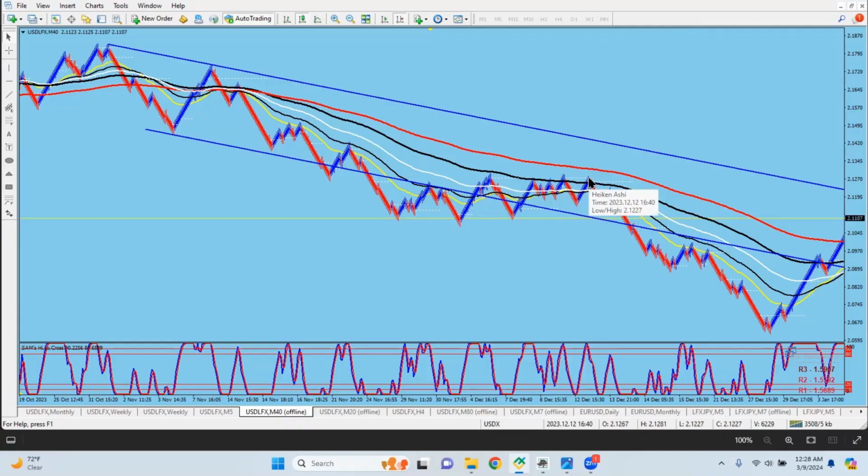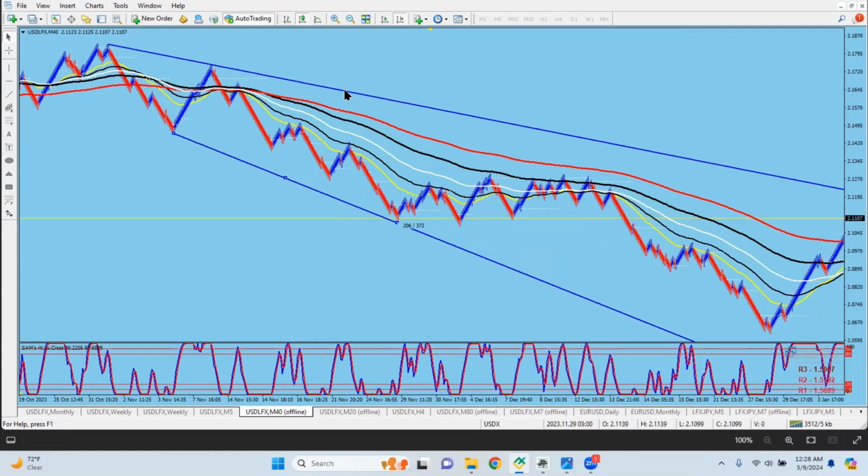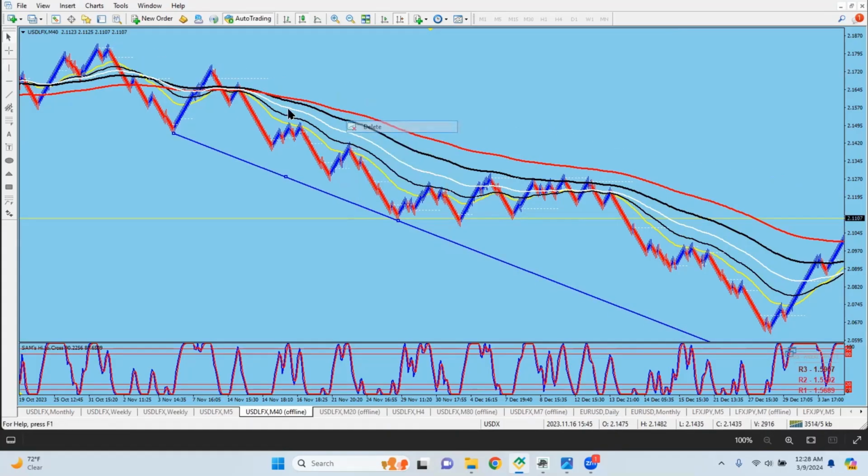Now, if wave 4 is ending here, we need to have a new channel for the target for wave 4. So what we do is we use this wave 1 high or low to wave 3 low, right? And then we place that at the end of wave 2 to find the target for wave 4.